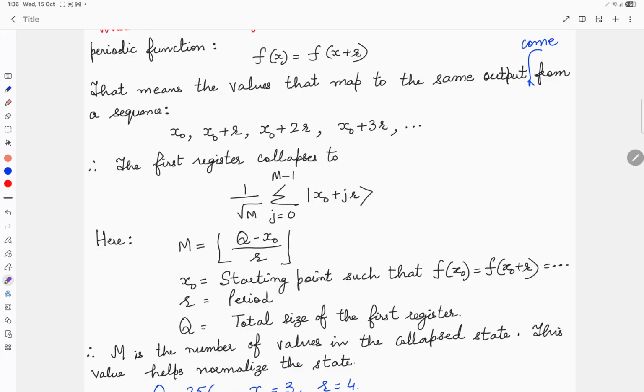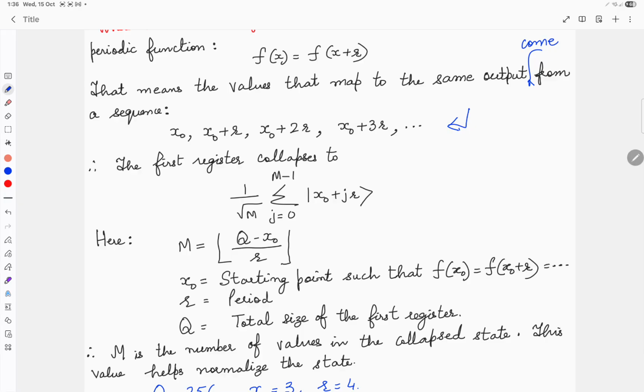So apply the QFT to this periodic superposition. After you get this sequence, apply the QFT to this, which is your periodic superposition. Applying the QFT will give you the spacing in x.